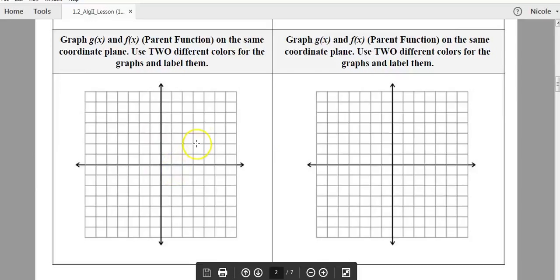You have to graph the parent function and g of x. And if you read the directions, it said to use 2 different colors for the graphs and label your graphs. I want you to use 2 different colors, for now, when all this is fairly new yet, because it really helps you see the difference between the graphs when they're both on the same coordinate plane.